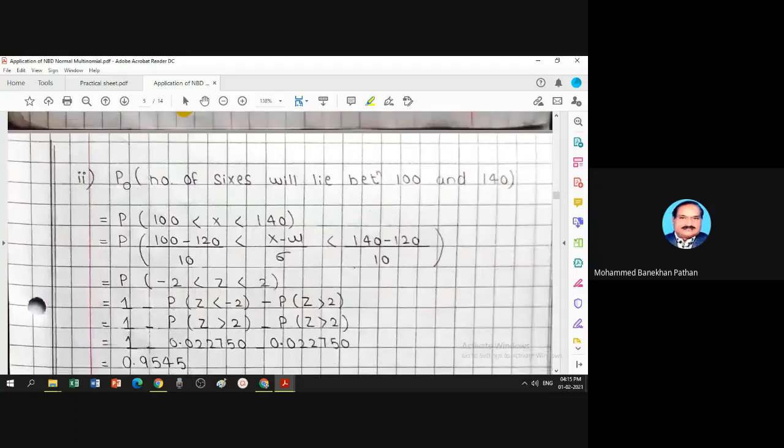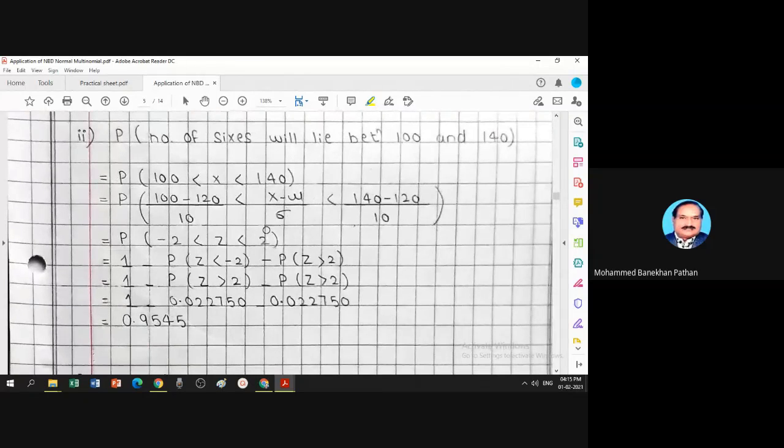Bit number 2, probability that the number of sixes will lie between 100 and 140. Probability X is between 100 and 140. Transform X to Z, subtract mean, divide by sigma. X minus mu by sigma is Z. It is minus 2 to plus 2.